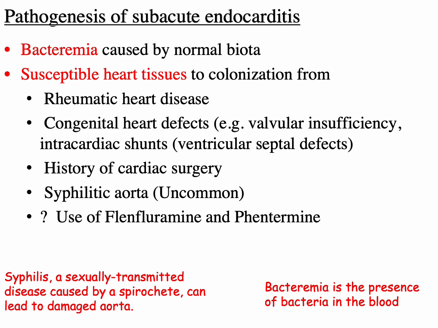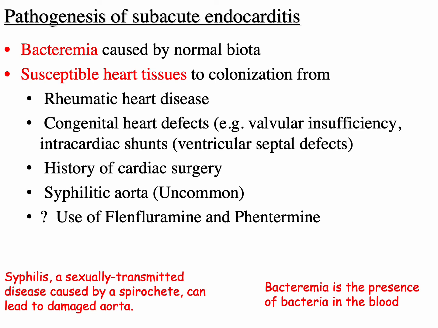And then the last one, number 5, I put a question mark on the use of fenfluramine and phentermine. These are two drugs that have been used to control body weight.